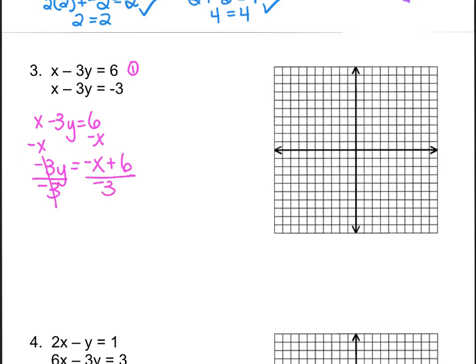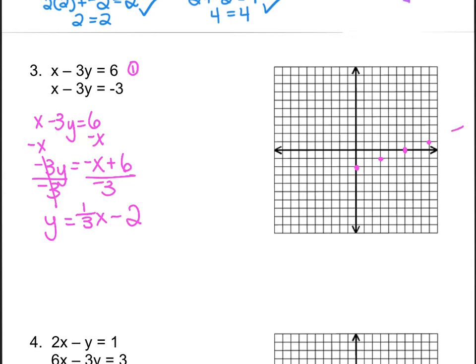So that would cancel out and leave me with y equals 1/3 x, or x over 3, minus 2, because 6 divided by negative 3 is negative 2. So I would graph this one with a y-intercept of negative 2, up 1 to the right 3.